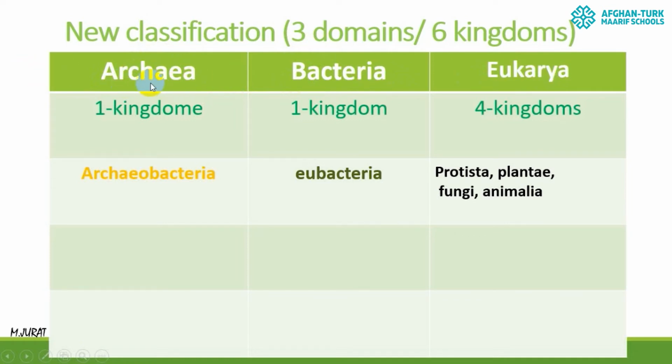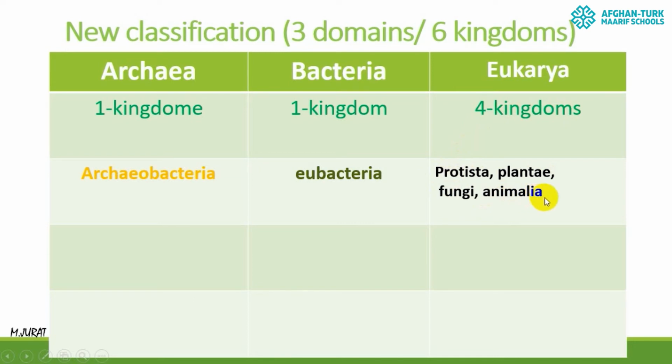Domain archaea contains 1 kingdom, which is Archaebacteria. Domain bacteria contains 1 kingdom, which is Eubacteria. Domain eukarya contains 4 kingdoms, which are Protista, Planta, Fungi, and Animalia.